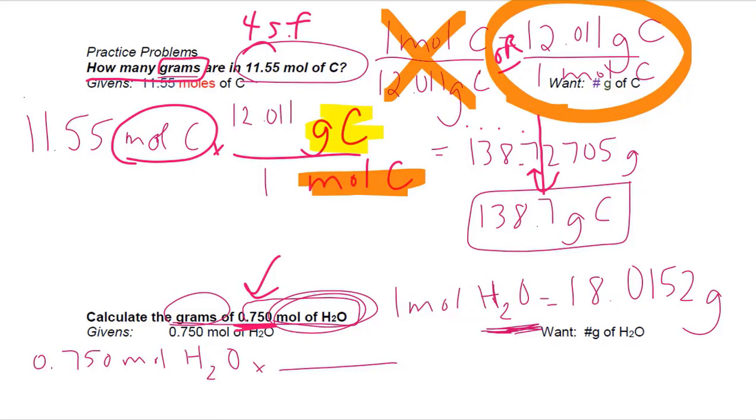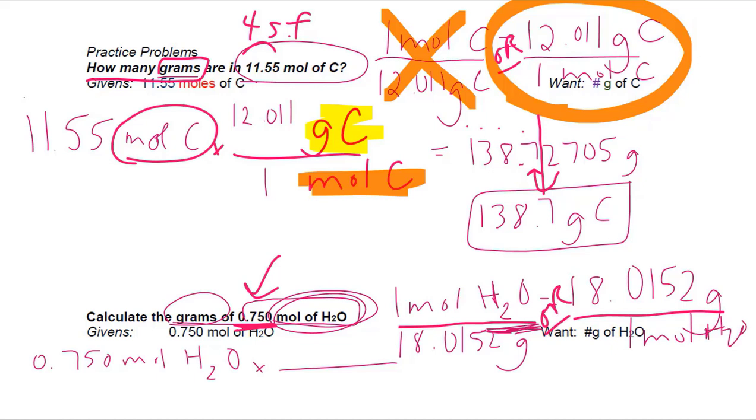All right, so again, we know that we can take this and write 2 conversion factors. We can have our 18.0152 grams down here, and we can have 1 mole of water down here. And we're going to use one or the other.